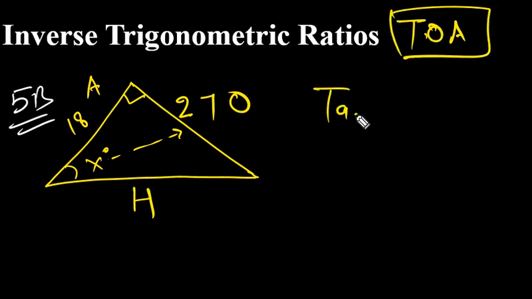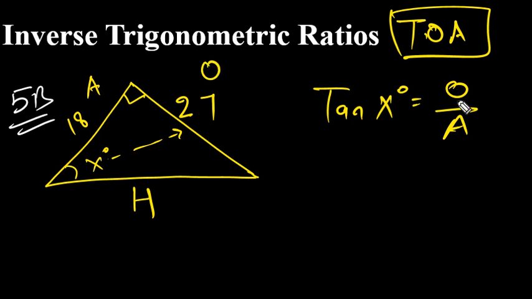So tan x degrees is equal to O over A. This is opposite, so don't get confused. So O is 27, A is 18. Simplify this.